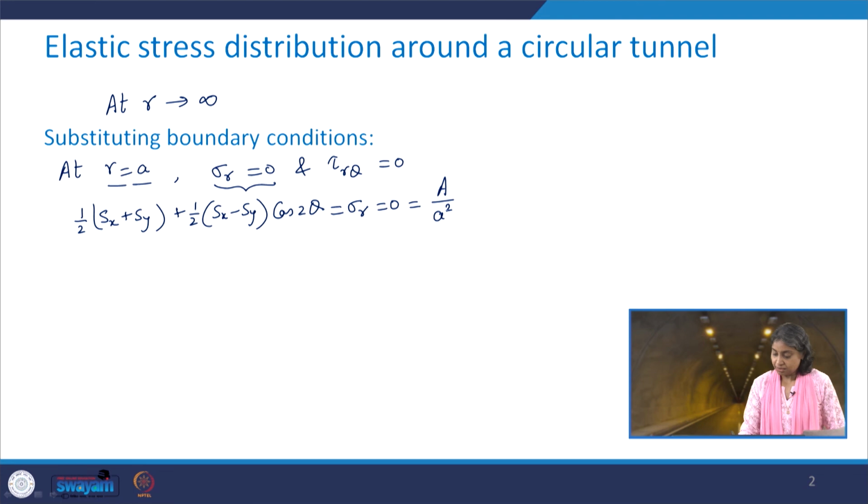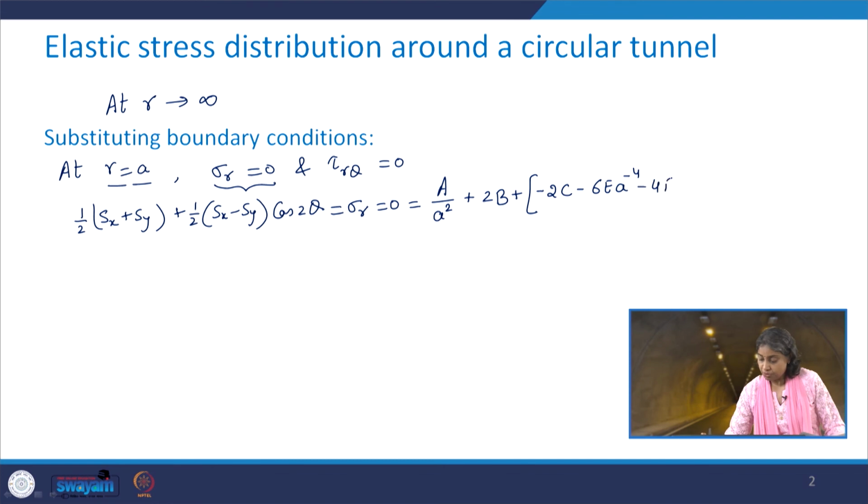So, I will just substitute r equal to a here, plus 2B minus 2C minus 6E a to the power minus 4 minus 4F a to the power minus 2, cos 2 theta.